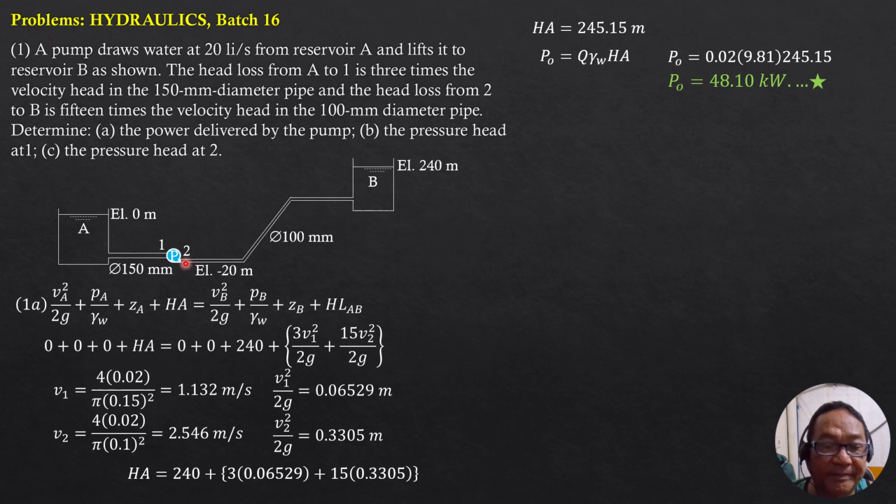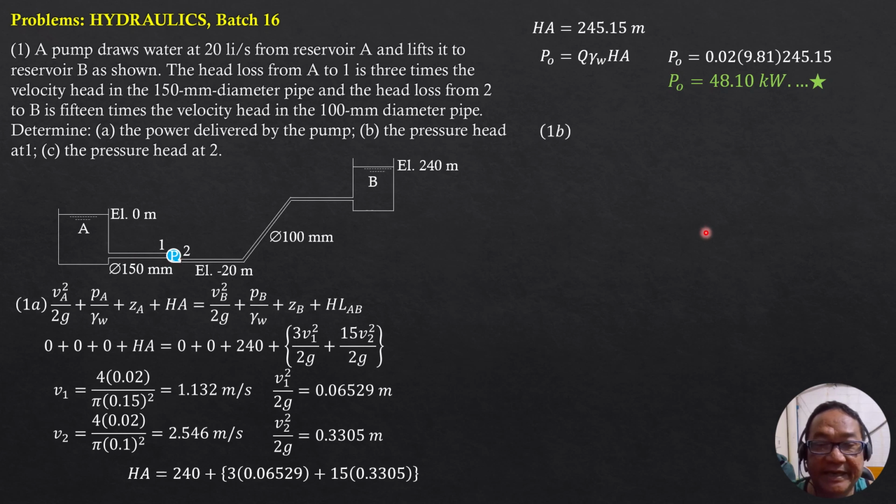So for pressure head at 1, we have two options, energy equation between A and 1 or 1 and B. I choose A and 1. I want you to write the energy equation between 1 and B. If you write the energy equation between point 1 and B, head added by the pump is involved there, but A to 1, this is before the pump, no head added.